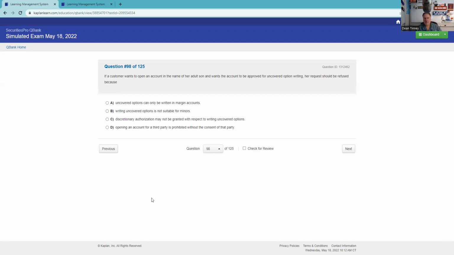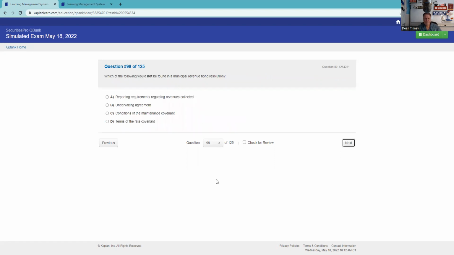It's her adult son, and the customer wants to open an account in the name of her adult son, and wants the account to be approved for uncovered, should be refused. Yeah, I think D is my best answer. This sounds kind of wacky. I'm not sure what they're trying to get at as a test issue, but I think D is my best choice. Opening an account for a third party is prohibited without the consent of that party. By the way, it's stupid as well.